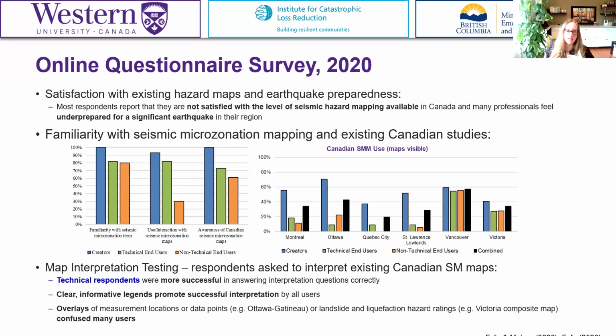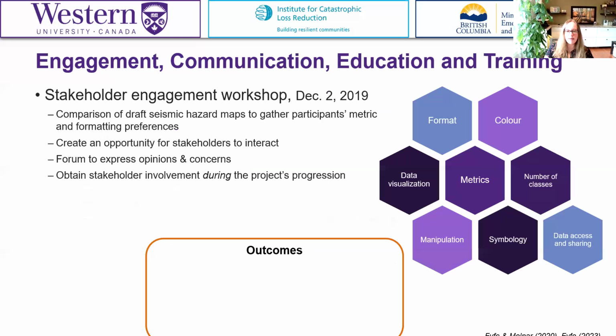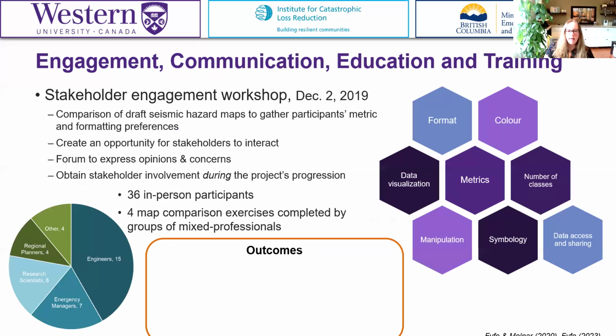And then I am using and interacting with these maps the most, just like potentially technical end users or other hazard experts in seismic hazard. But as insurers, you might be very aware, in our survey, 60% of emergency managers or insurers were aware of seismic microzonation maps. But then it dropped to about half, like 30%, were only using or interacting with these maps.